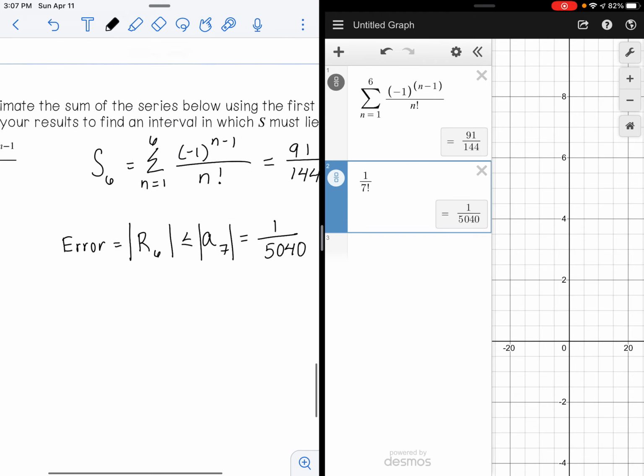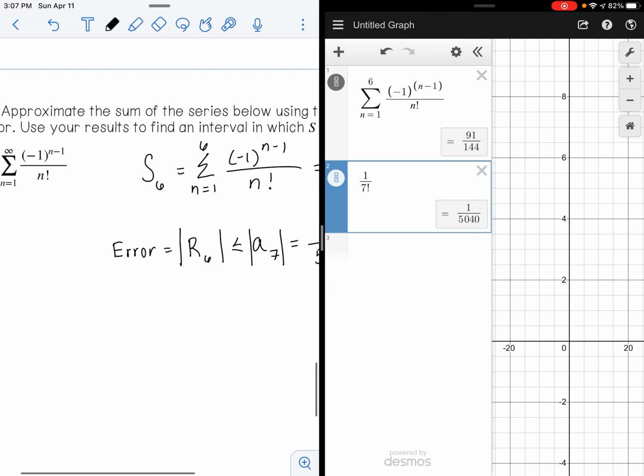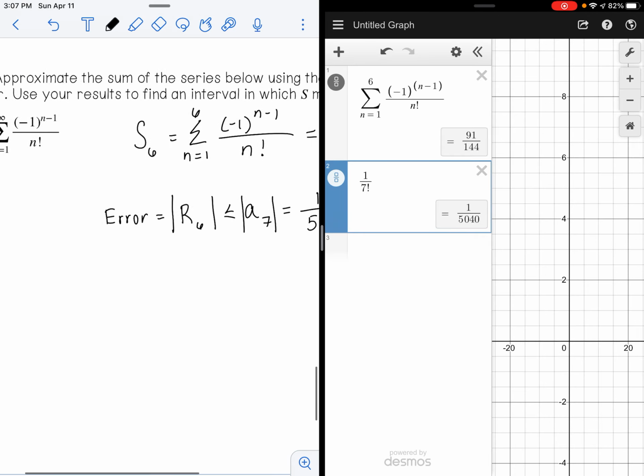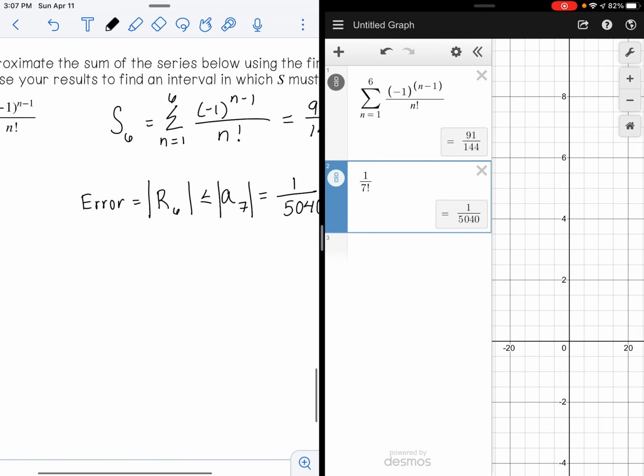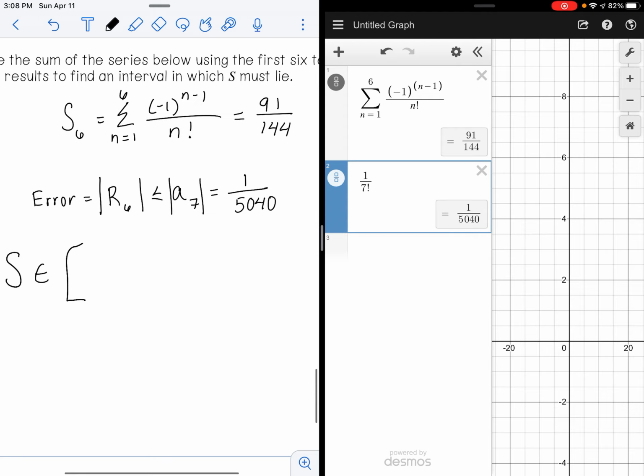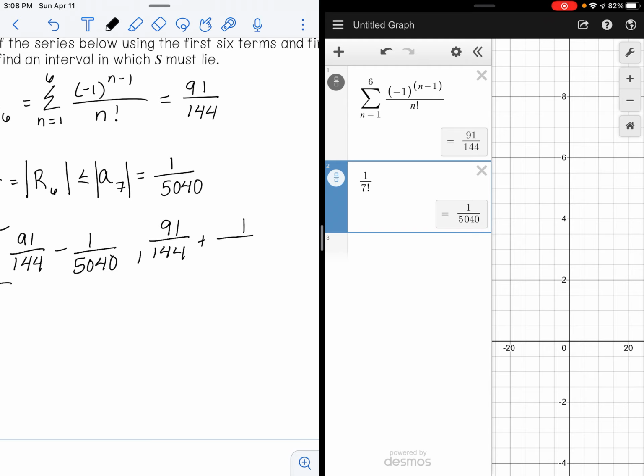S sub 6 is my approximate sum, and then it says I also want to use my results to find an interval in which S must lie. So S has to be inside the interval from 91 over 144 minus this, and then my approximation plus my error amount.